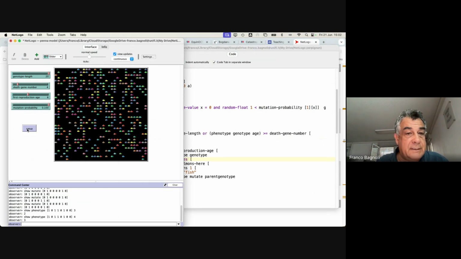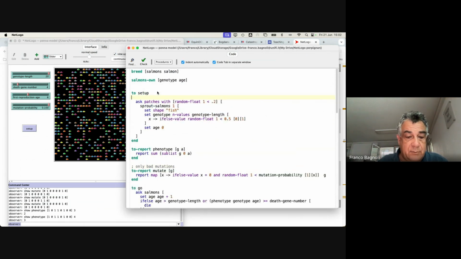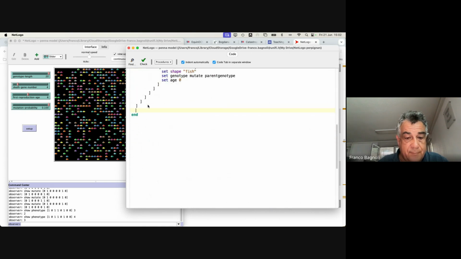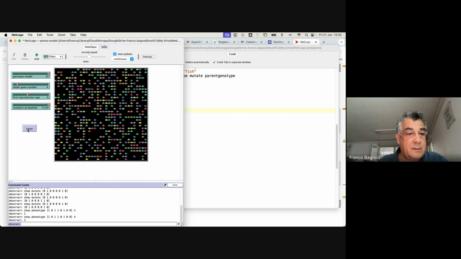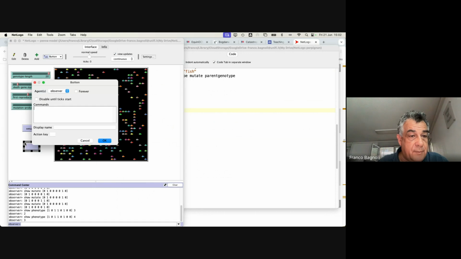Okay, so setup. Clearly we have to start with clear all, otherwise. We can also reset ticks, but it is not really important. Tick. So setup, and then we have to go.